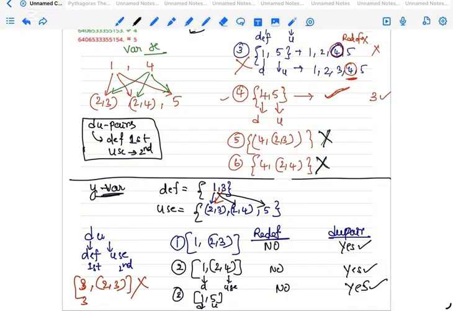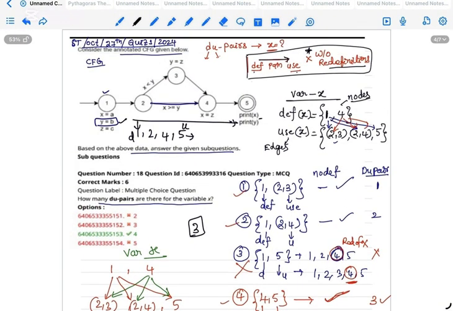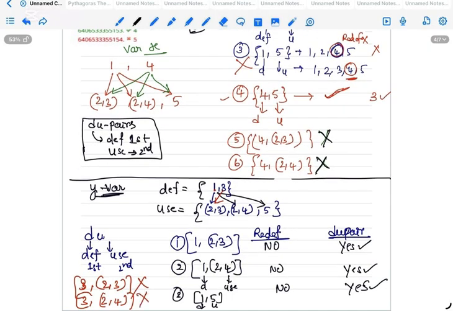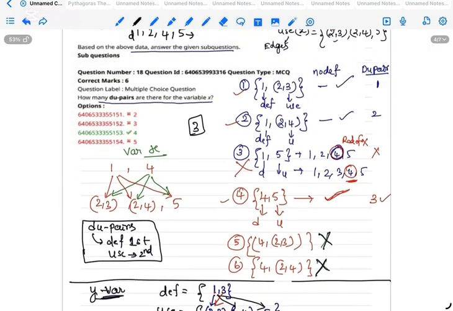In the same way, 3 comma 2 4: 3 is the definition of y and 2 4 is the use. Again the definition comes after the use, so it is not possible. And the last one is 3 comma 5.